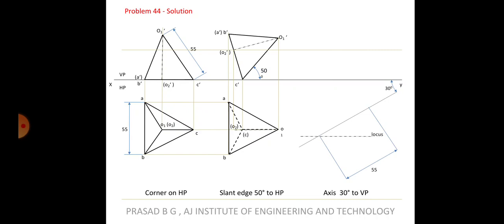Okay, then take the apparent length from the second view, measure this O1 to C length, not O1 to O2, the O1 to C edge, measure that length and cut it on the locus line. Then you will get the angle beta.